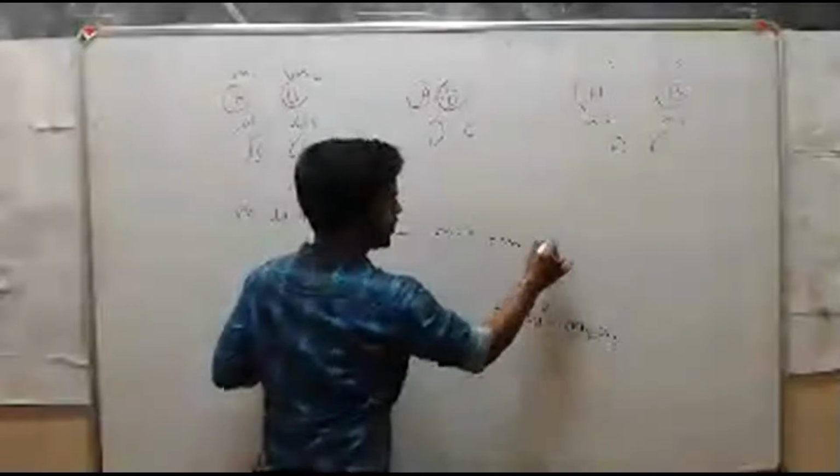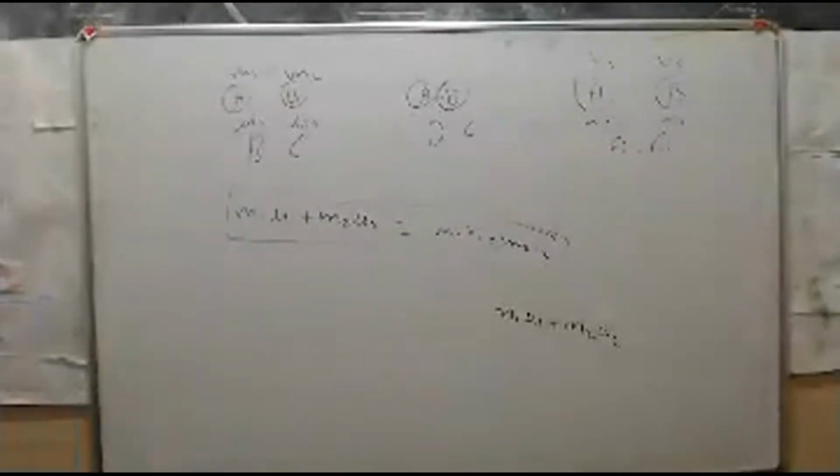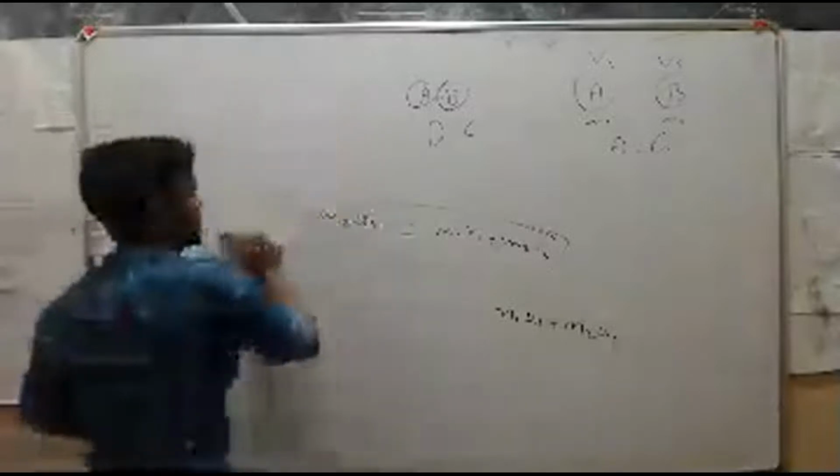We proved the same equation right here. So when do you say that momentum is conserved? When initial momentum is equal to the final momentum, then we can say that momentum is conserved. So now using this formula, we can solve some problems.